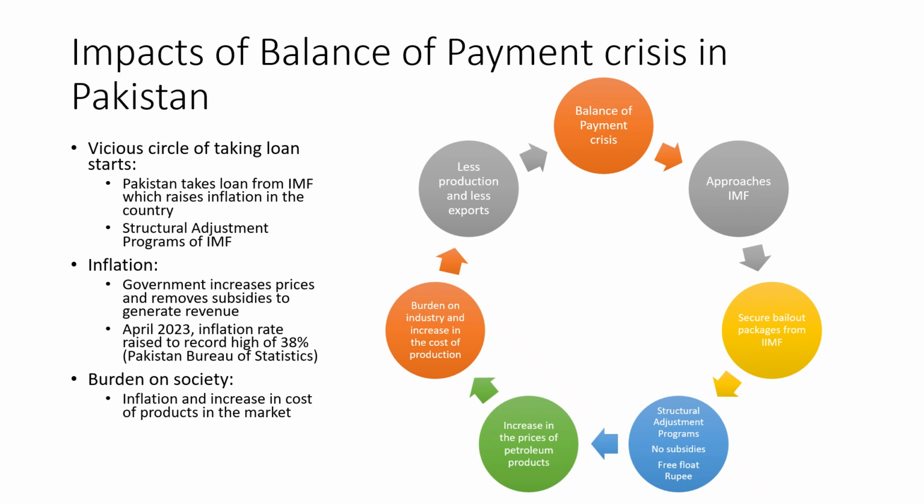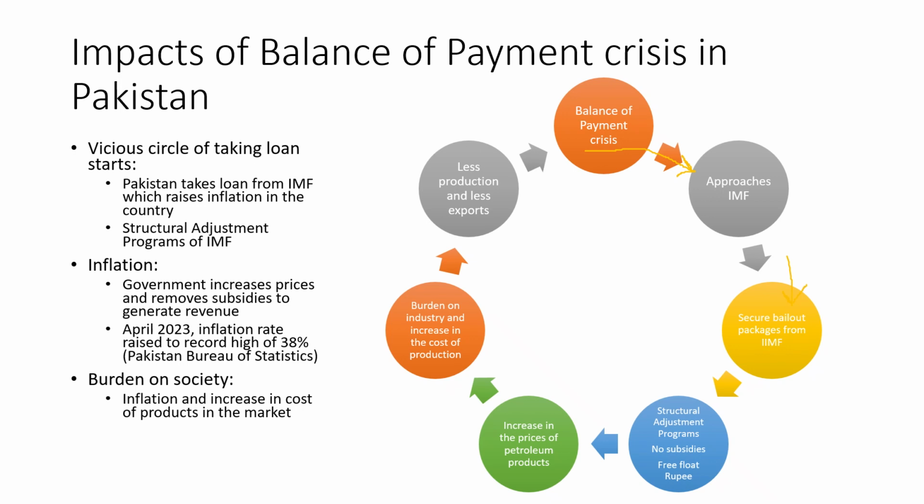And approaching the IMF and taking loans, it all starts a vicious circle. And I would explain this here. Let's start with the balance of payment crisis, the vicious circle. I have designed this circle here. The balance of payment crisis starts, Pakistan approaches the IMF, Pakistan takes loans, Pakistan secures bailout packages from the IMF.